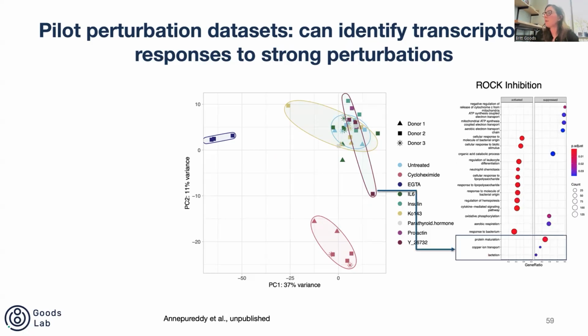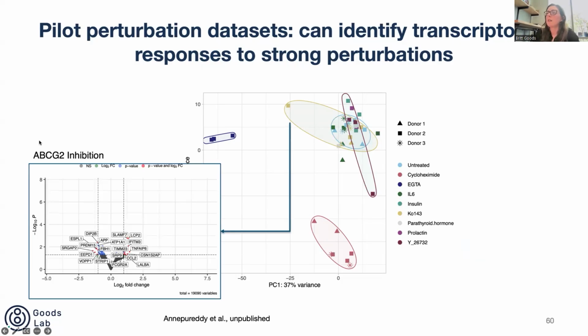For example, if we look at the impact of ROCK inhibition, we can see that this is directly affecting ion transport and lactation. This shows what pathways are being suppressed when we treat these lactocytes with ROCK inhibitor. This is a drug transporter inhibitor, so ABCG2.